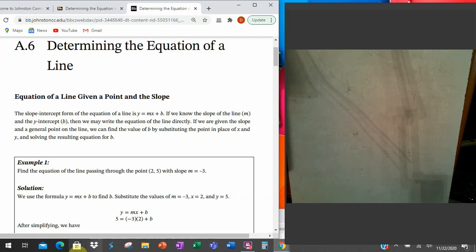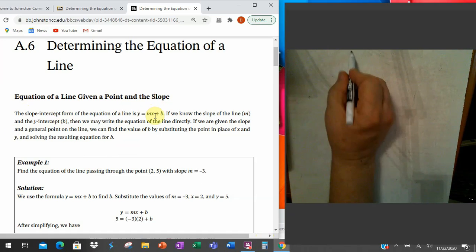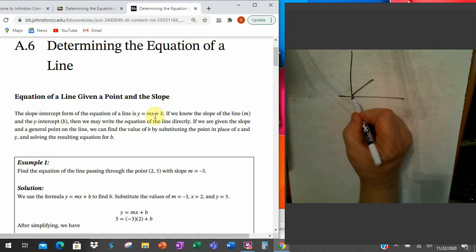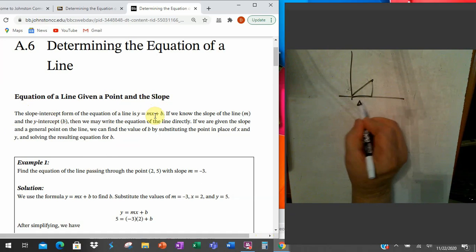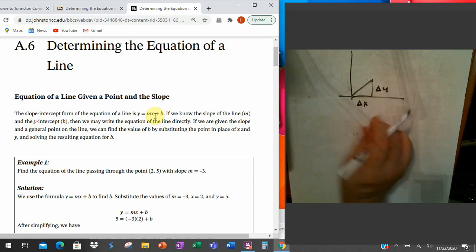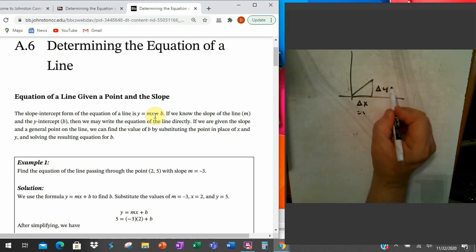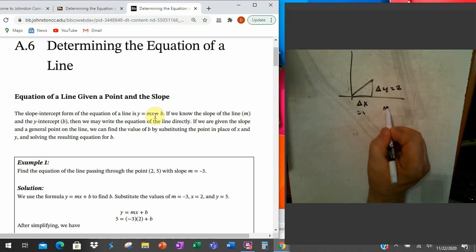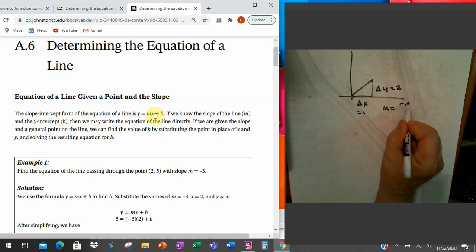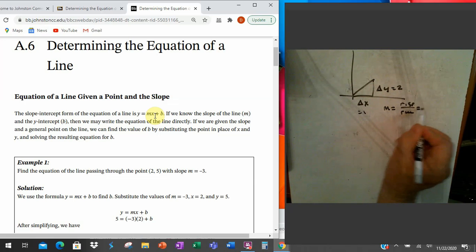So let's continue on along here, and that's what we're going to focus on this time, just the line. So here we're just going to practice some equation of a line given a point and the slope. The slope-intercept form of the equation of a line is y is equal to mx plus b. The m is the slope, right? That is the change in y divided by the change in x, the rise over the run.